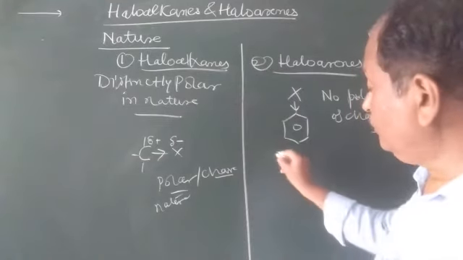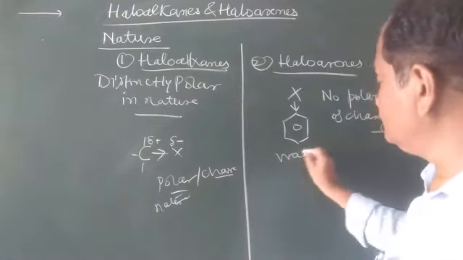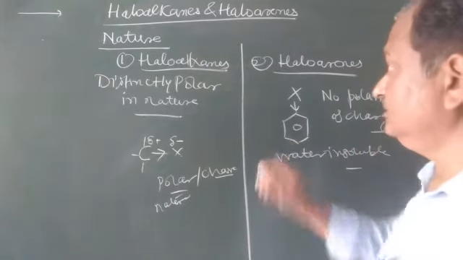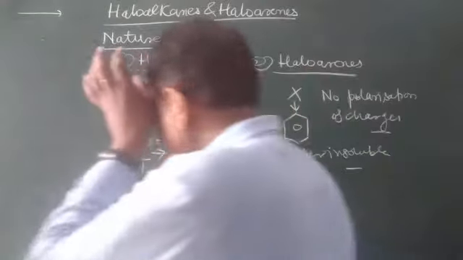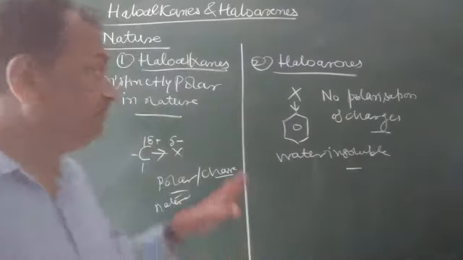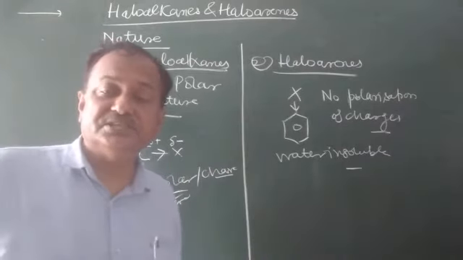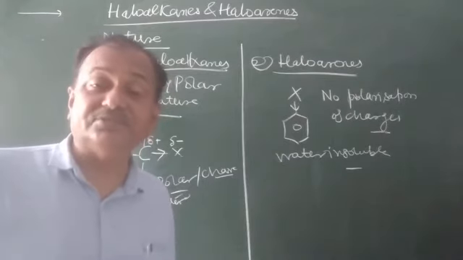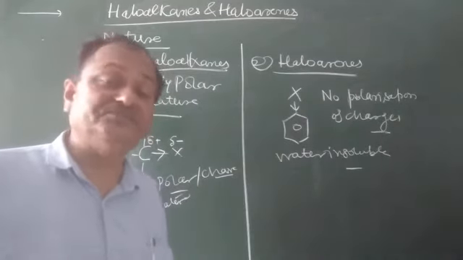They are water insoluble, unlike haloalkanes. Due to this polar nature, haloalkanes exhibit different properties and features, and this decides a lot about the nature, the character, and the chemical and physical properties.